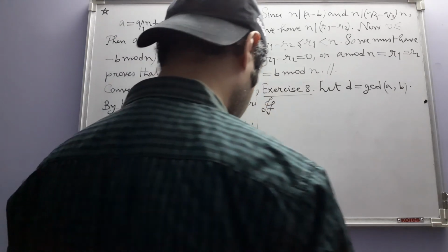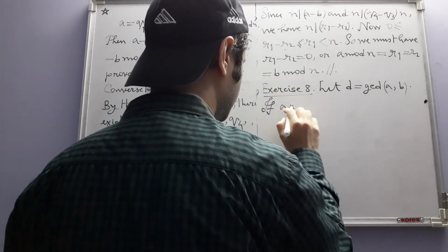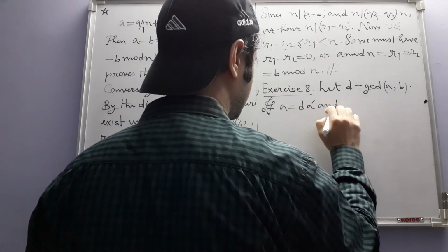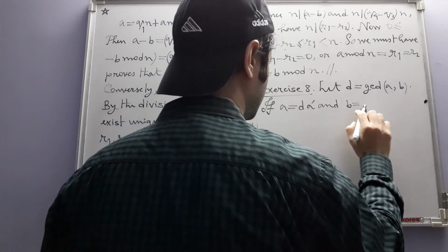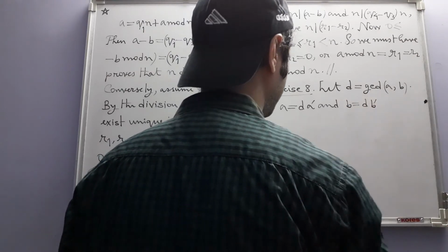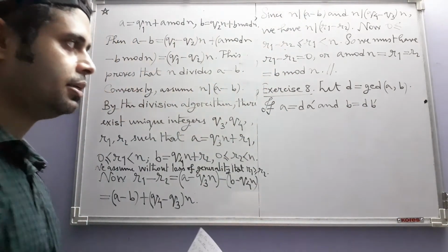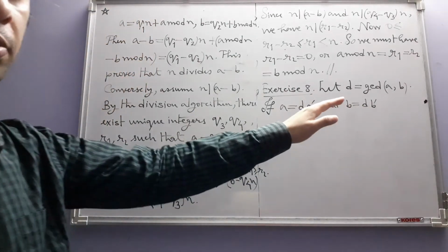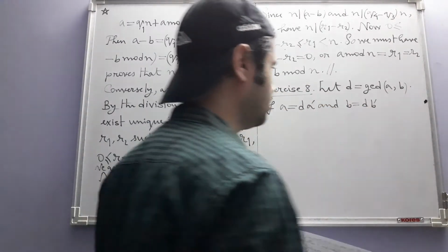If a is equal to d times a prime and b is equal to d times b prime, a and b are both divisible by d, so there will be integers a prime and b prime for which these two equations are true.